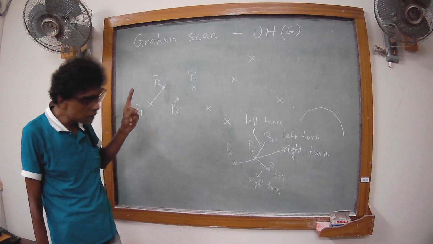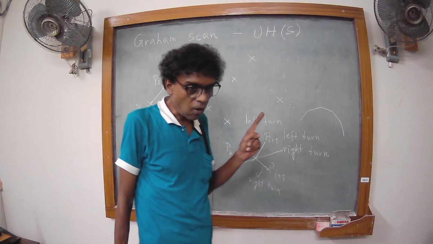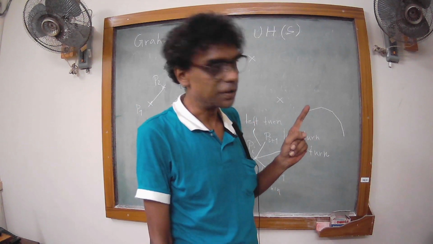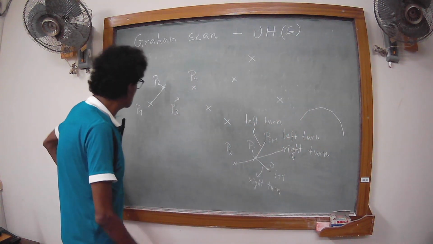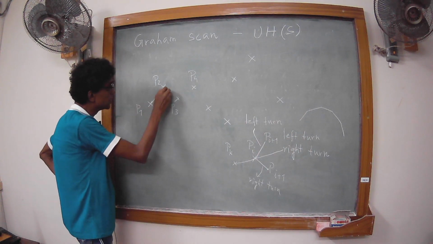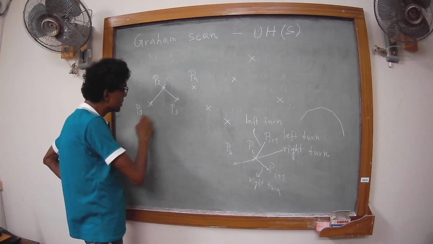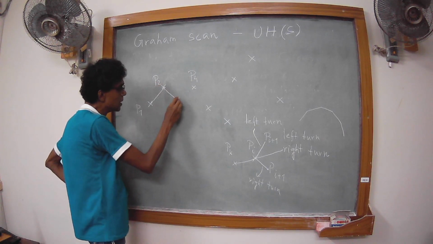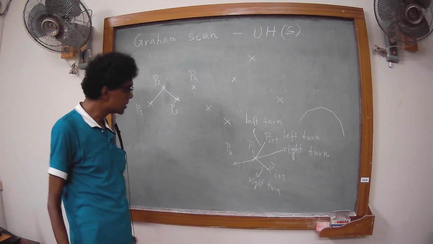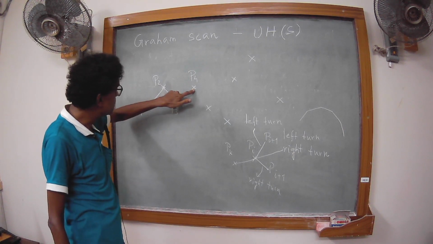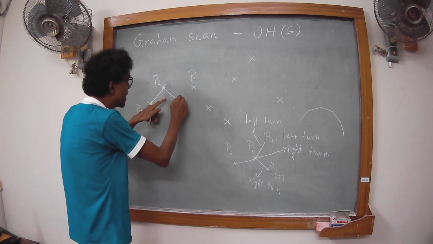Whenever you discover a left turn, this is caused by the previous point. So forget that previous point. Let us come to P3. This is a right turn. So for the moment I keep it. Then I look at P4 and try to add it.